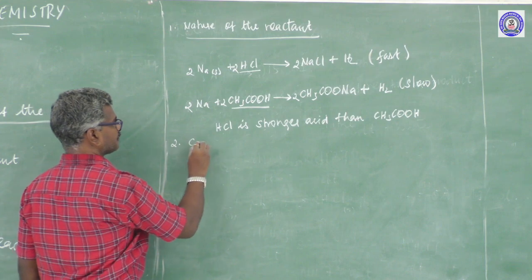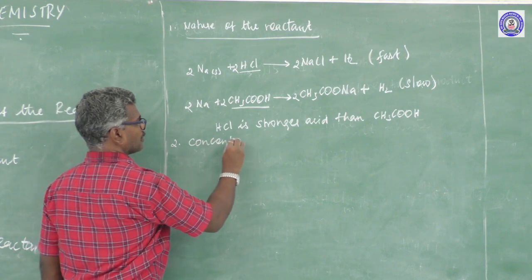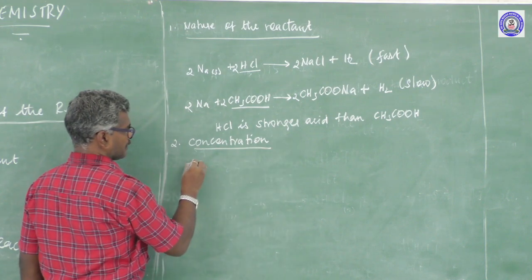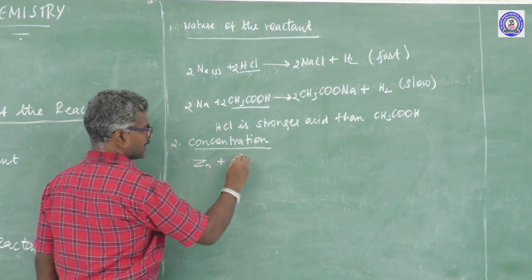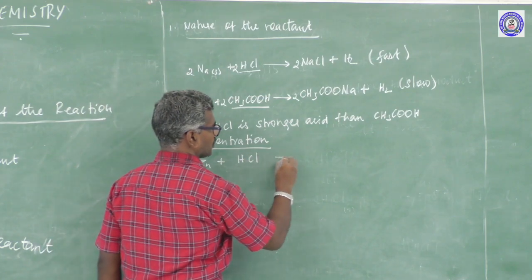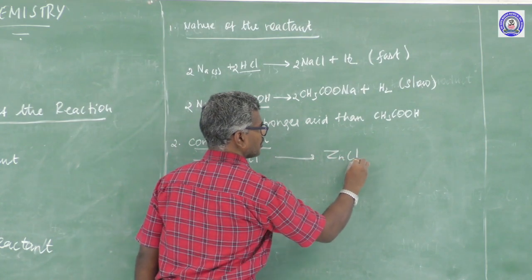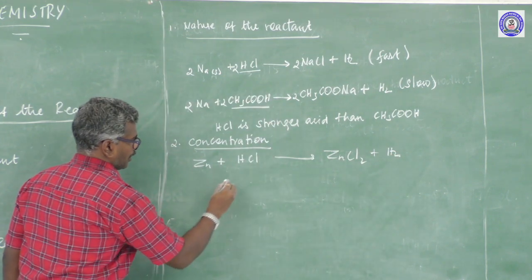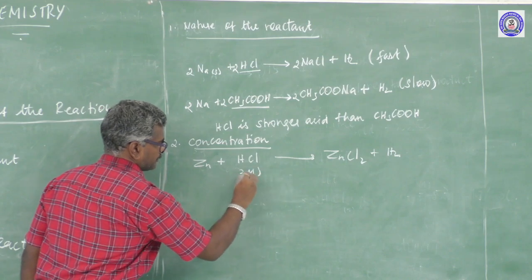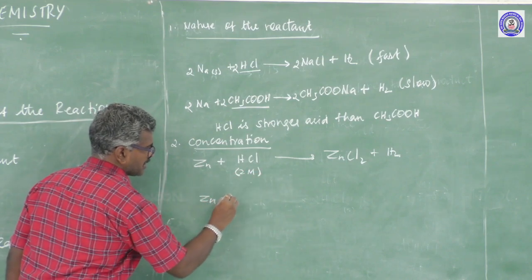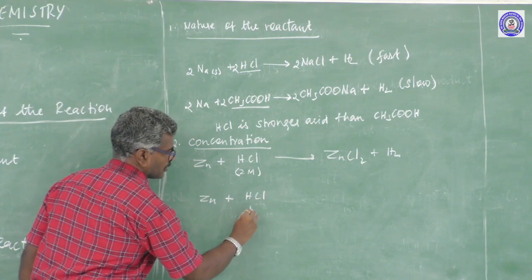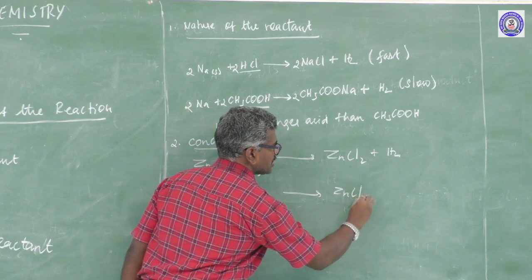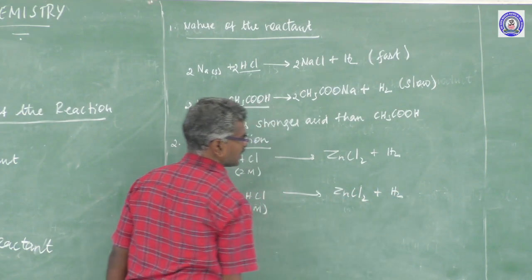Another one is concentration. For example, zinc reacts with 2 molar hydrochloric acid to form zinc chloride and liberation of hydrogen. Another one, zinc reacts with 1 molar hydrochloric acid to form zinc chloride plus liberation of hydrogen.